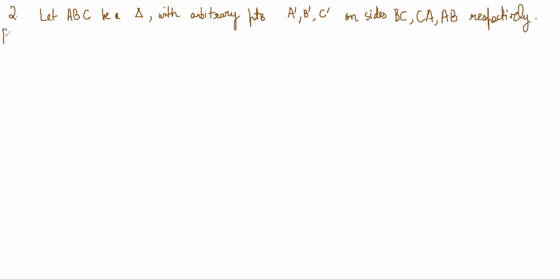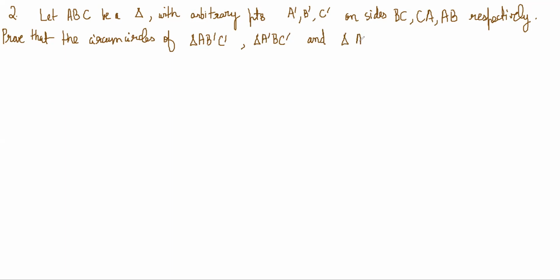Now you have to prove that the circumcircles of triangle AB'C', triangle A'BC', and triangle A'B'C intersect in a single point.